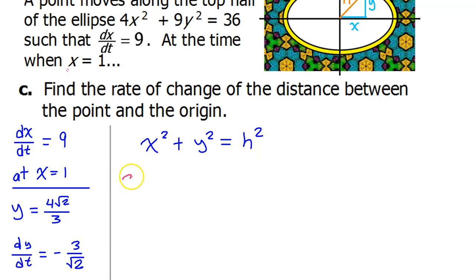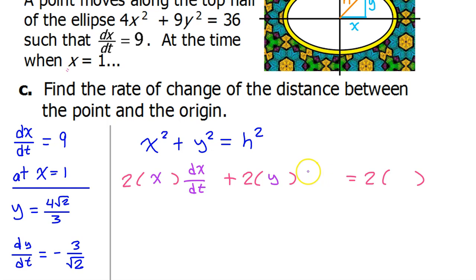So let's do the outer function first. So the derivative of x squared, the outer function would be like this. The derivative of y squared, there's the outer function, and outer function. So now I'm going to go back and do the inner function. So I have x times dx dt.